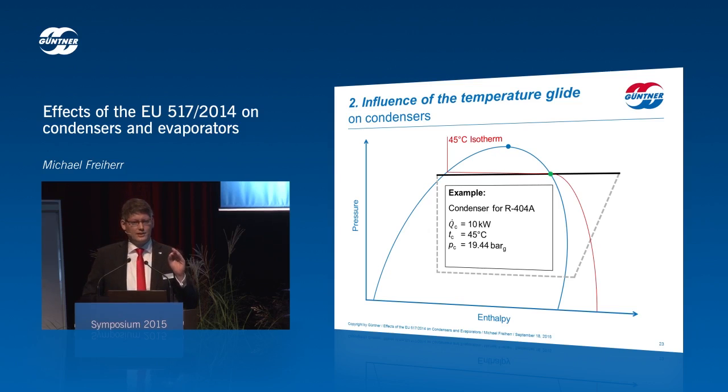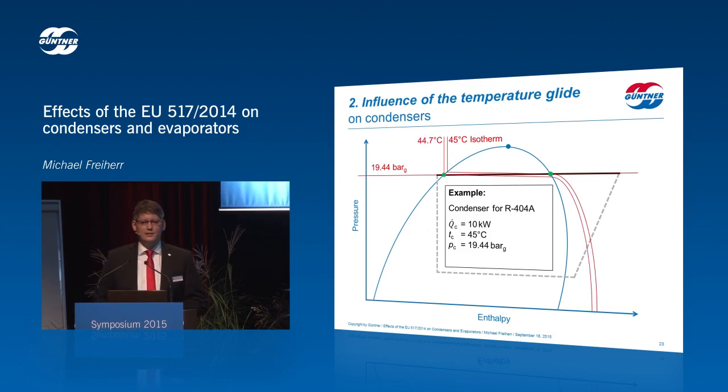That's the condensing temperature that's set. That's the set point value. And for the R404A, we need a pressure of 19.44 bar. At the outlet of the condenser, the boiling point, we have 44.7 degrees. So 0.3 Kelvin is a difference.